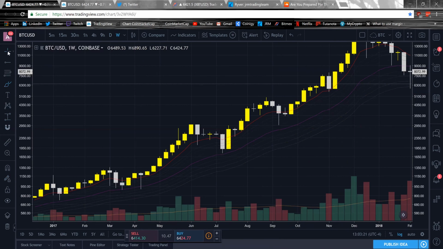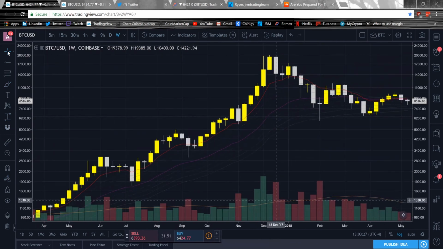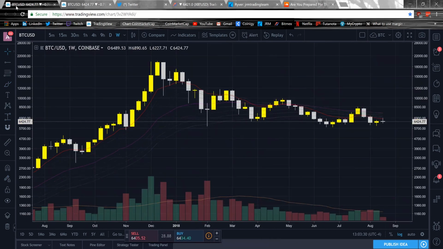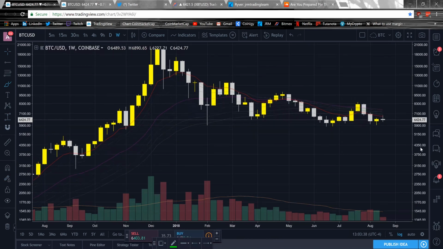Right, and the flip side of this is that was a bearish candle ignored, and the flip side is a bullish candle ignored, which we get. There's several of them here, but I'll just pick this one, right?